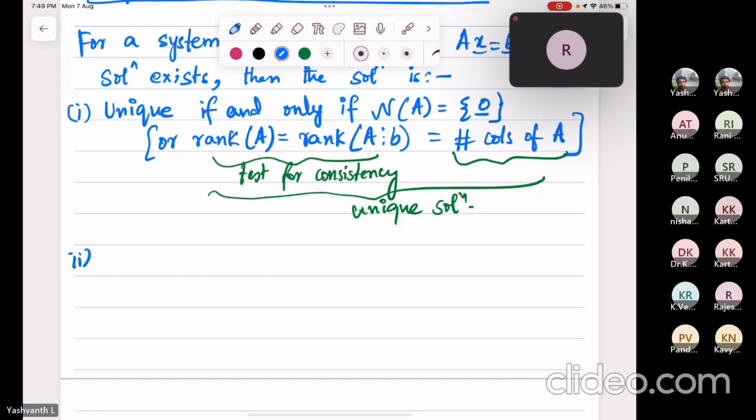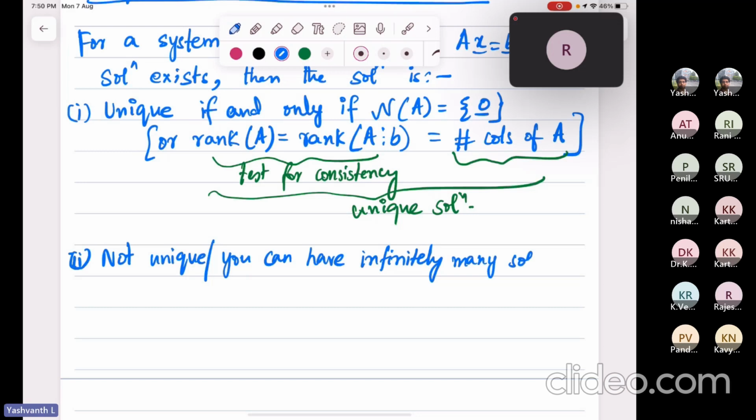On the other hand, the solution is not unique, or you can have infinitely many solutions, if the null space of A apart from the zero vector is not an empty set.